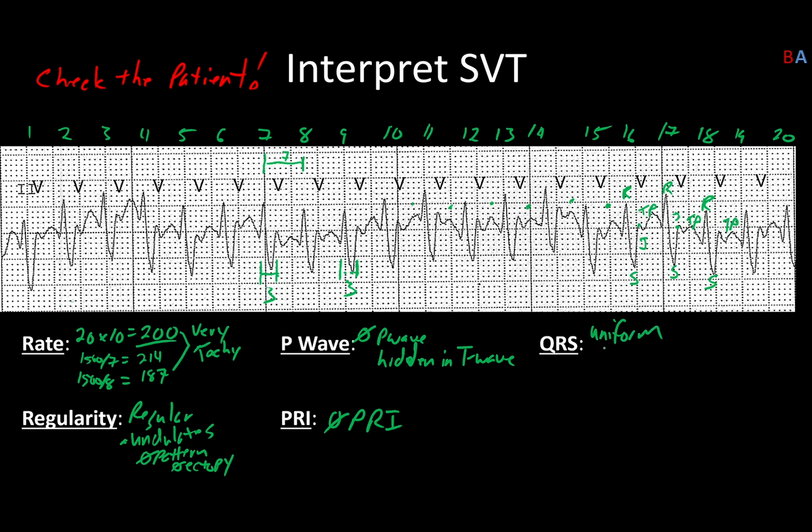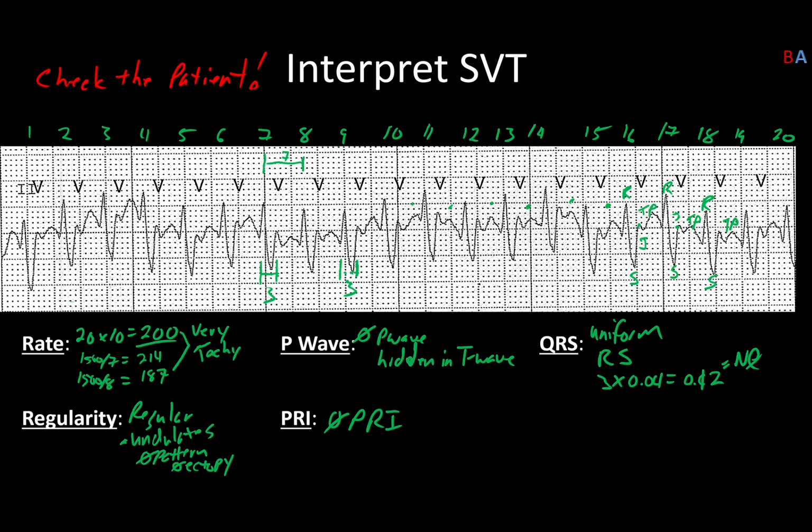So we have uniform. They have an RS pattern. And we have 3 times 0.04 equals 0.12, which is actually normal.